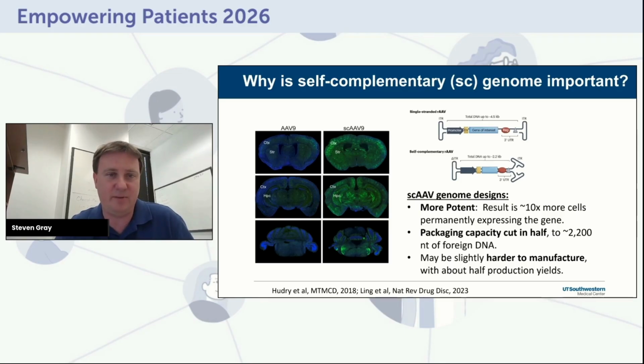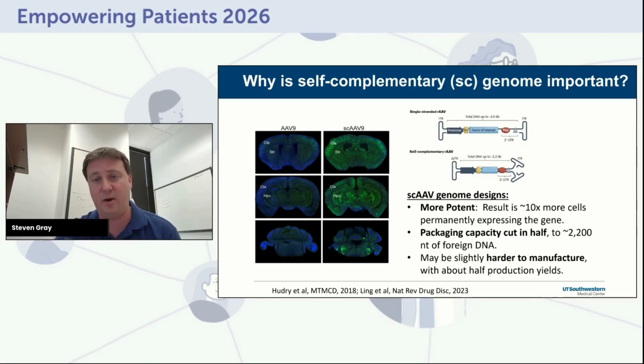But here I have images from a publication showing the difference in brain-directed gene therapy, where the green is showing the gene expression, with a traditional AAV on the left and the self-complementary on the right. I think you can appreciate that you're getting much better stable expression of the gene in many more cells. I'd estimate about 10 times more cells.